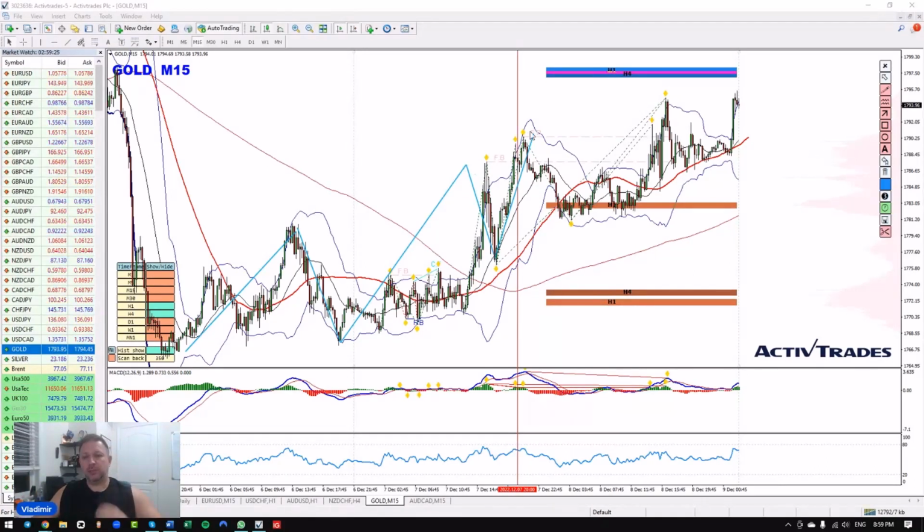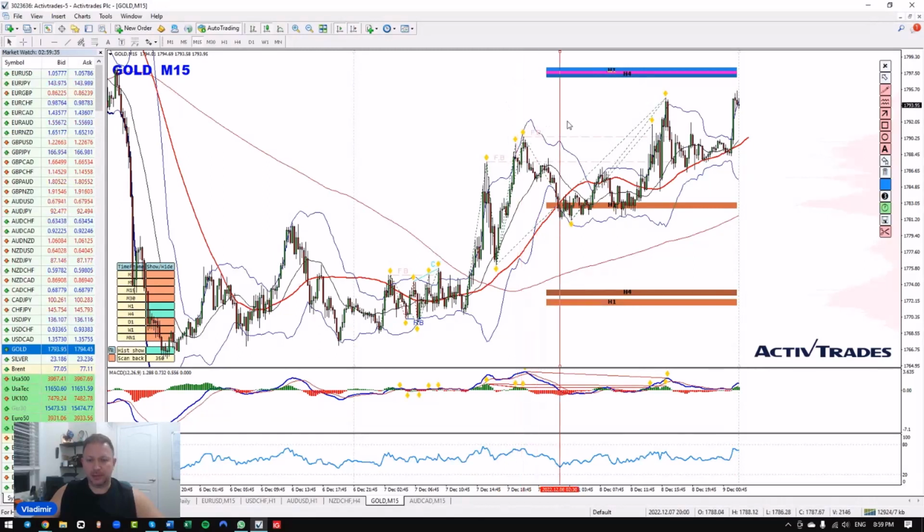So I want to see the pullbacks, and after that, I want the MACD to cross up again. In our case, that will happen on the 15 minutes. This is where the combination of 4-hour and 1-hour happened. On the 15 minutes, it will happen right here. As soon as we get the cross, the first time, then pull back again, another cross, another opportunity. As soon as that happens, you receive your trading opportunities.